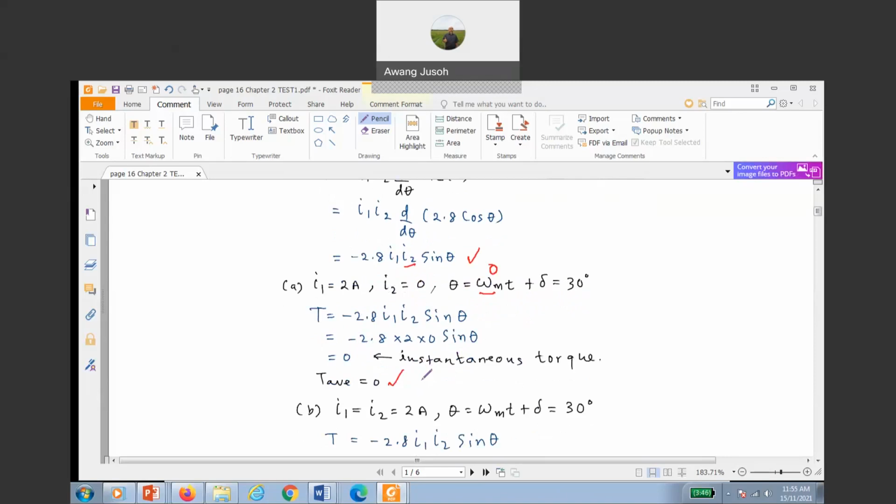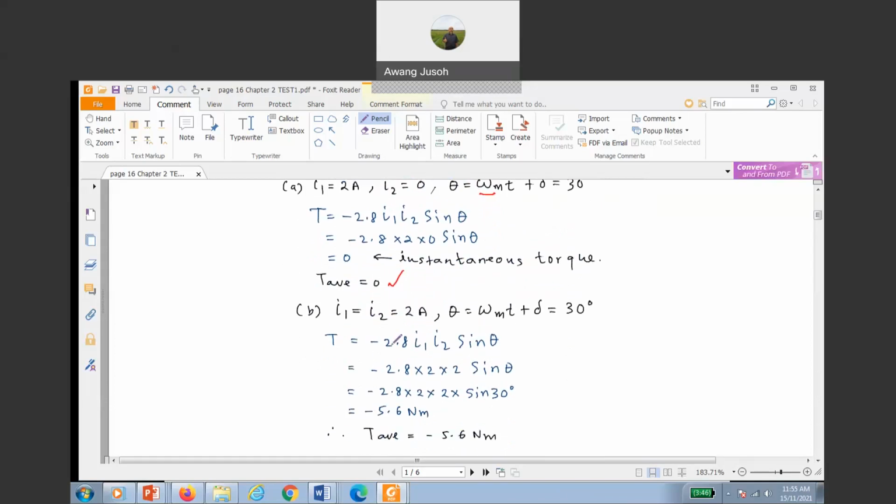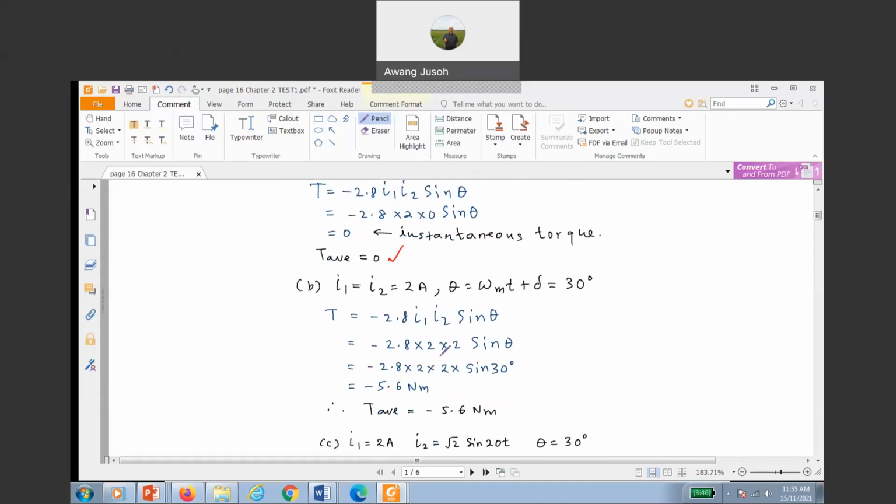The second part states that we apply the same currents I1, I2, which is 2 ampere DC current, and theta equal to 30 degrees, and then we substitute this into I1, I2, then we have the instantaneous torque equal to negative 5.6 newton meter, which equals the average torque also, negative 5.6 newton meter.